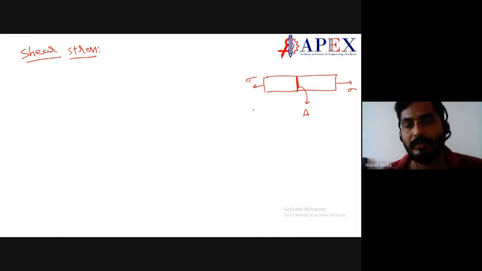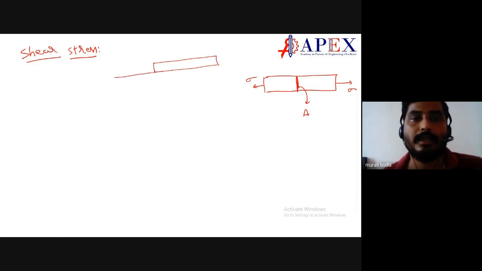But in a few scenarios the stress is developed because of a transverse load. A classic example of pure shear stress is a riveted joint. In the riveted joint, the rivets will be undergoing a transverse load when you apply an external load like this. So this is a classic example of shearing.